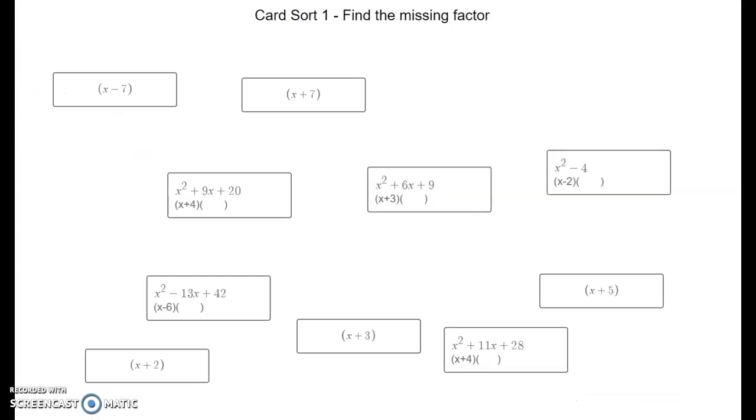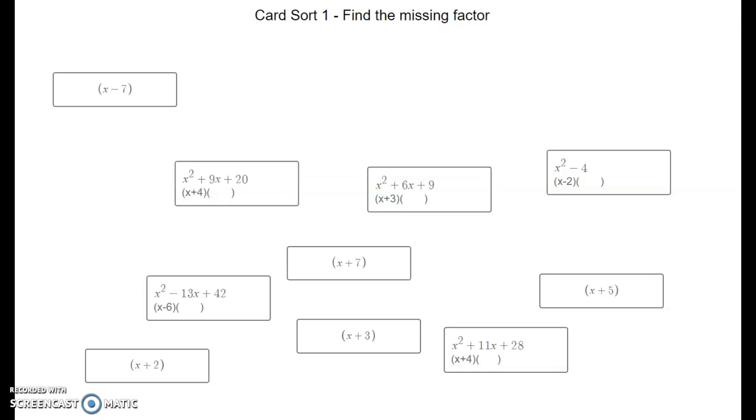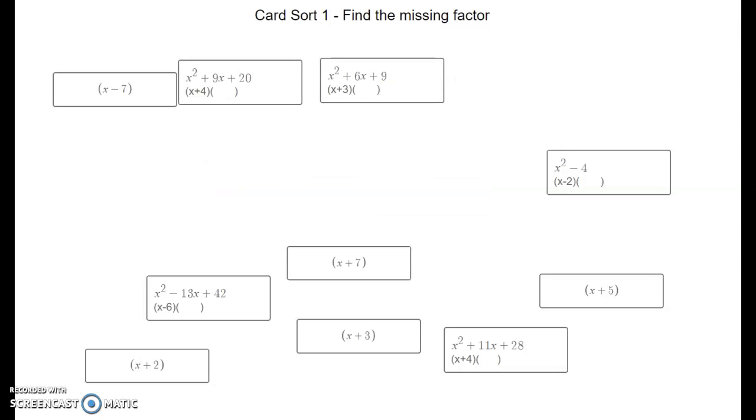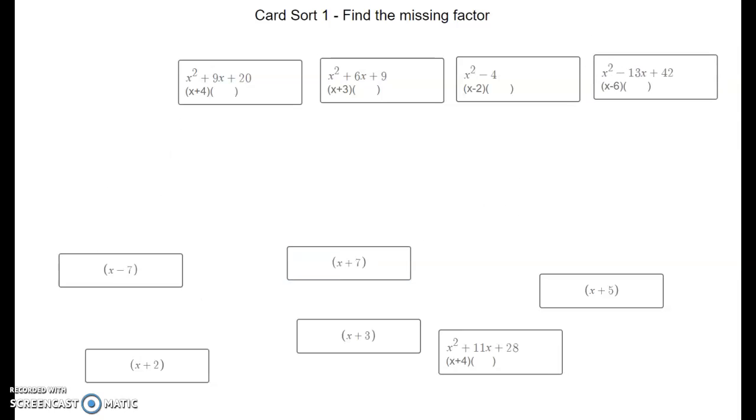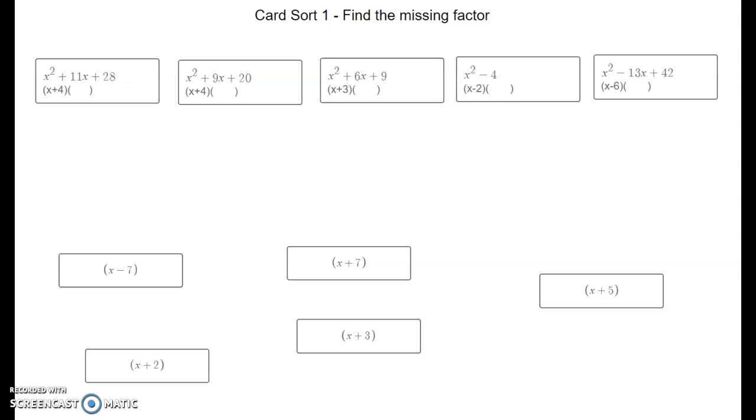So now, what we're going to do is kind of work backwards. So we have to figure out what the other pair is. Okay? We have to figure out what is the other pair to match these. What plus 4 will give me 11? Well, 4 plus 6 is 10, plus 1 more would be 7.